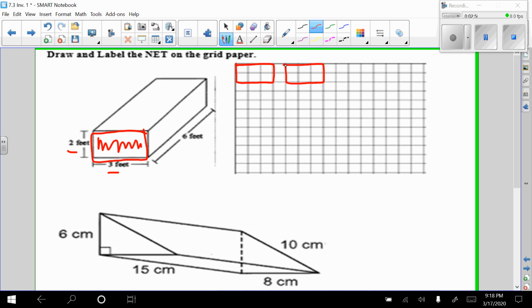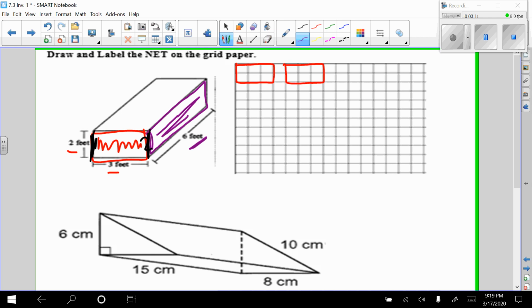And then I want to look at the sides. Well, here I can see the right side. I can't see the left side, but I know that there's 2 of them. Here it tells me it's 6. And remember, this side and this side are the same. So if this is 2, this is 2. So this figure would then be 2 by 6.